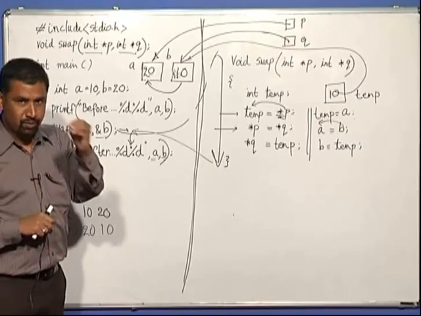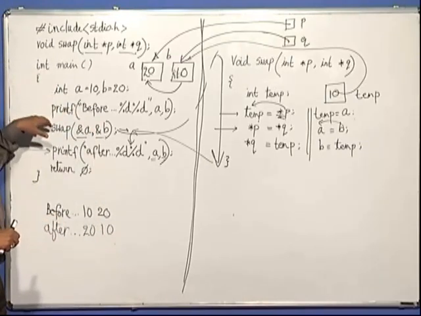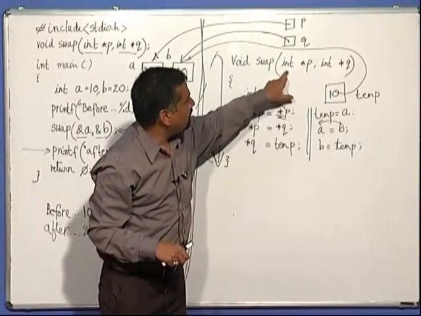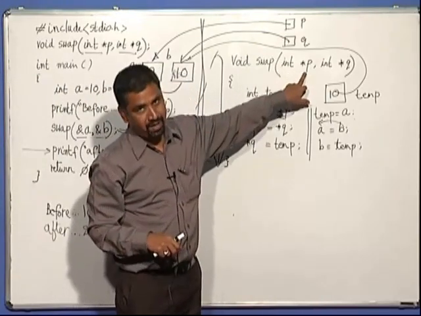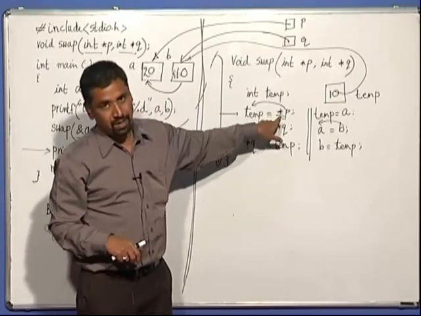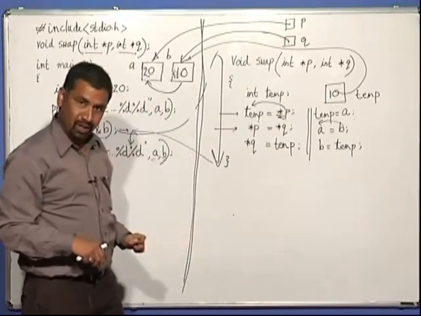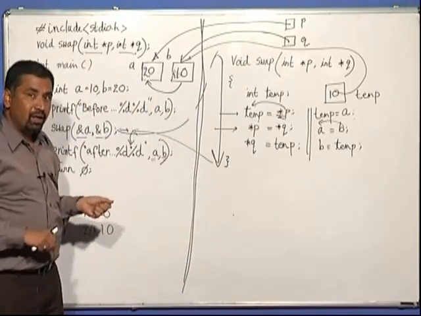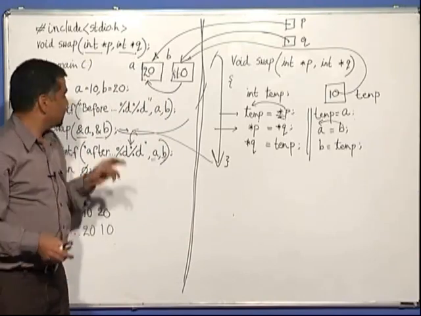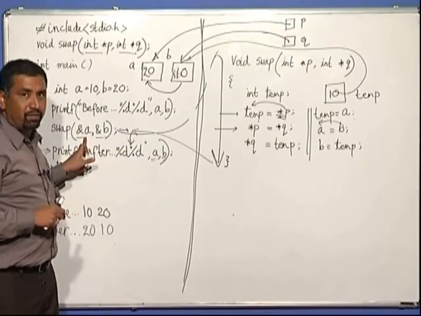Star operator is used for various purposes, as you have seen. In this particular point, it is declaring P as a pointer. Here it is being used as a dereferencing operator. That is one thing that we have to learn. And then when we are dealing with addresses, the use of ampersand is quite frequent.